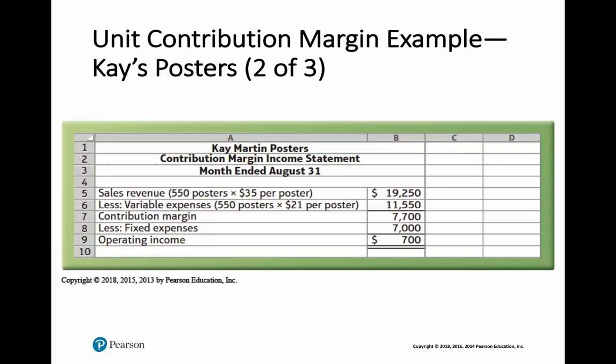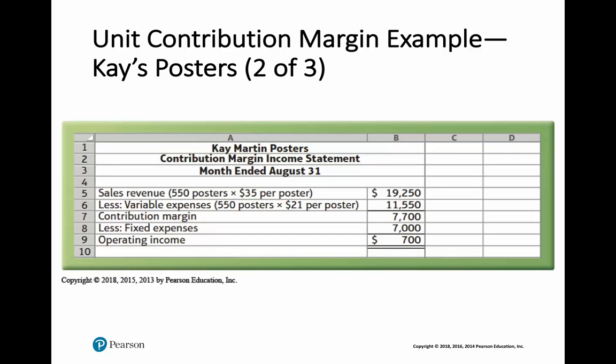Here they did sales 19,250 minus variable expenses 11,550. Next, we subtract out our fixed expenses. Finally, we have our operating income, $700. So that's, based off of the current level of activity, what we have for operating income when we sell 550 posters. All right, so that's our contribution format income statement.